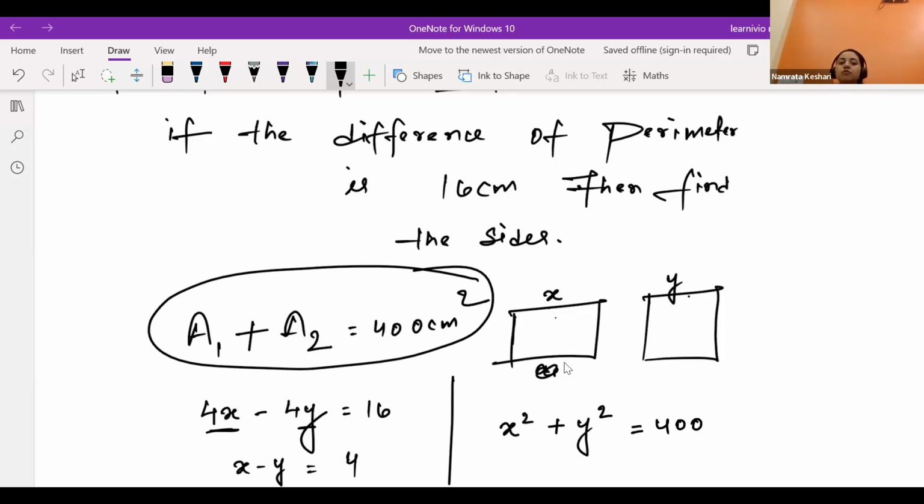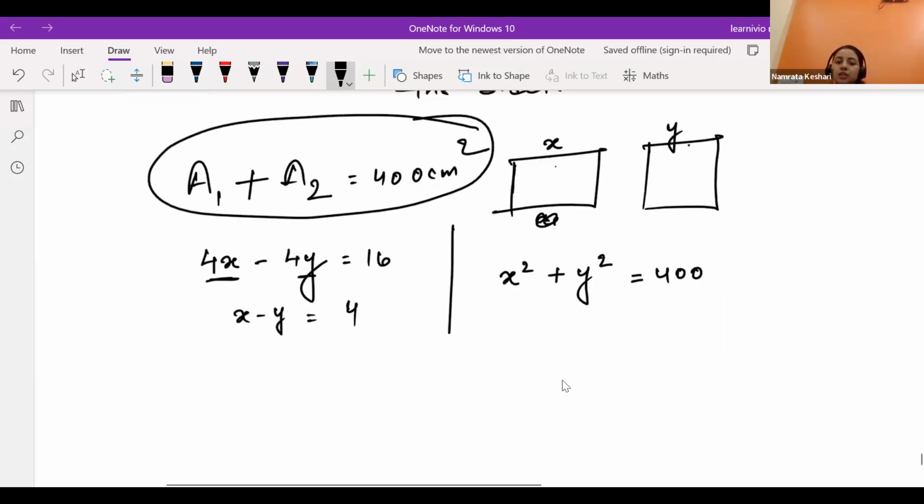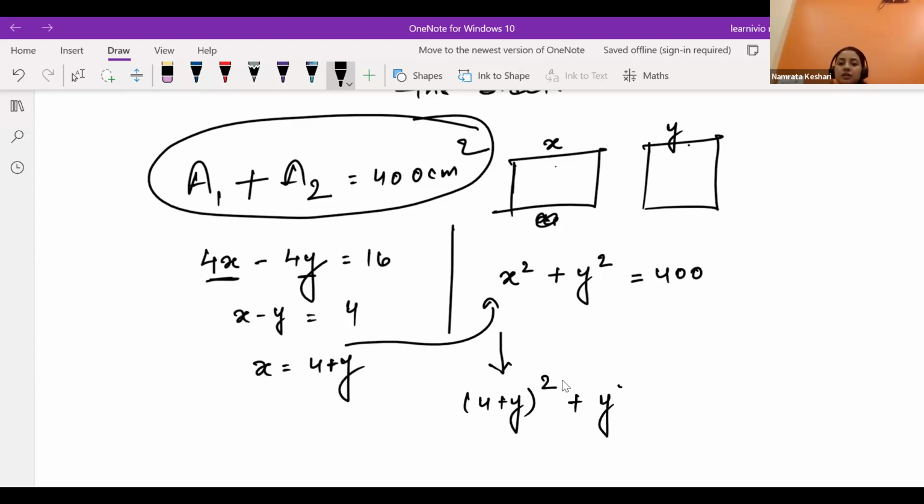Now our main focus is to solve these two equations. Suppose we are not able to recall any formula, you can still use the method of substitution. You can take x as 4 plus y, and substitute it over here. You will get (4 plus y) whole square plus y square is equals to 400.